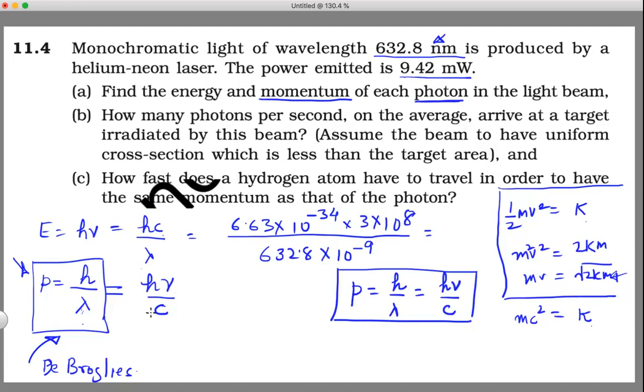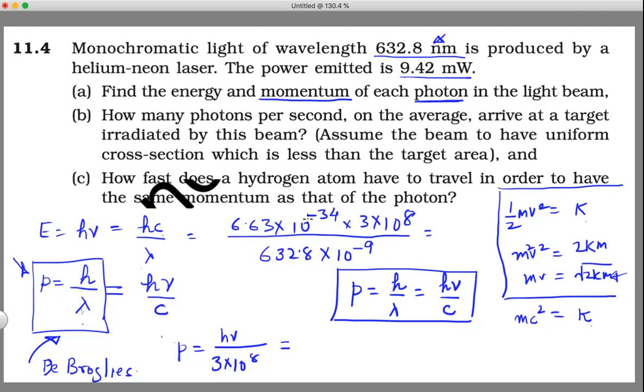So the momentum is h nu, which we have calculated here, divided by c, that is 3 into 10 raised to the power 8. I'm not doing the calculation here, but this is the way to calculate the momentum.